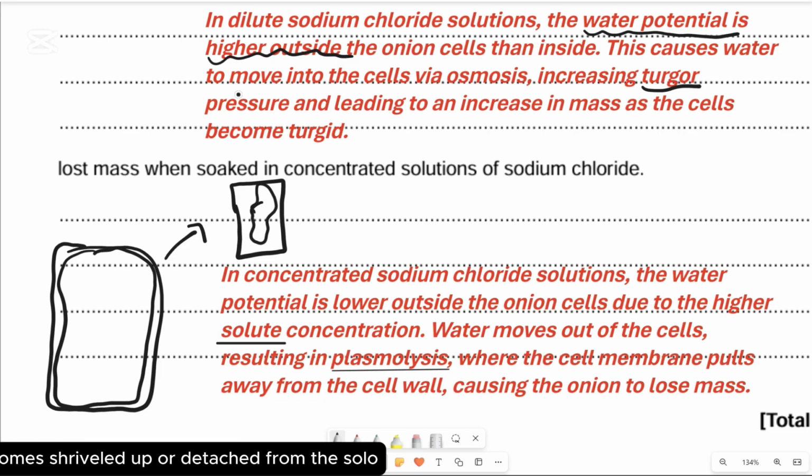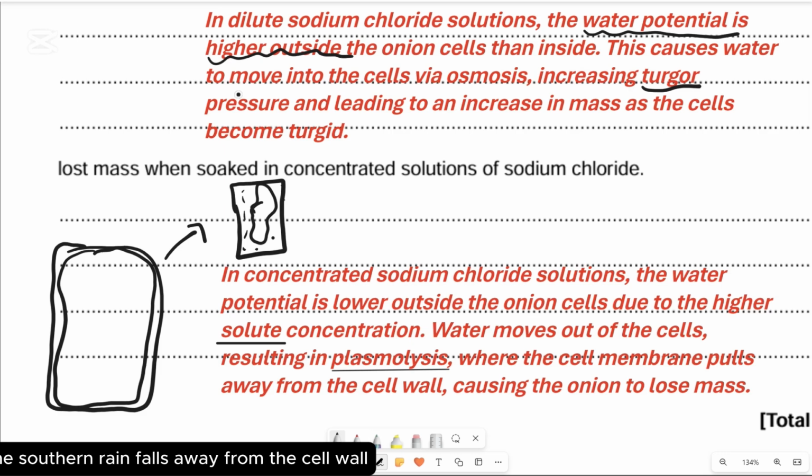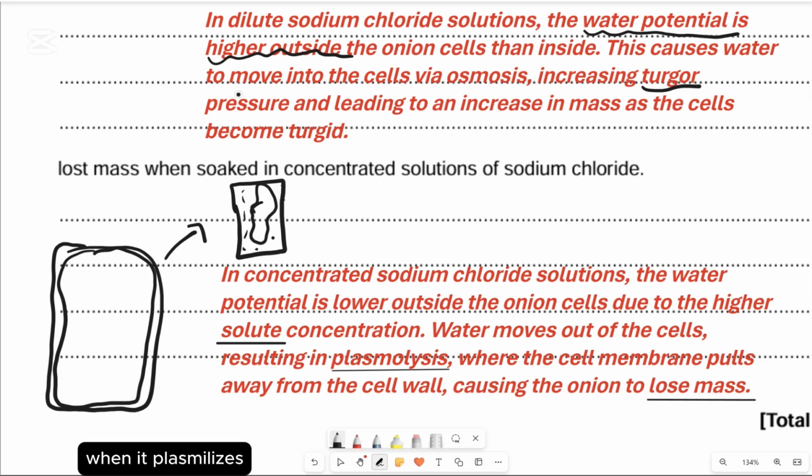This all becomes an empty gap. There's nothing in this gap. So the cell membrane pulls away from the cell wall, causing the onion to lose mass. The reason the onion loses mass is that when it plasmolyzes, it loses water, so it loses mass as it is losing the water.